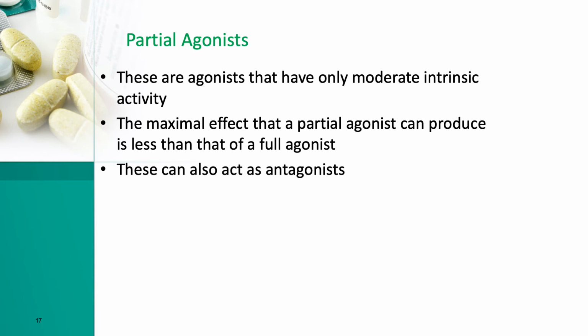Clinically used examples of partial agonists include aripiprazole, which is Abilify. It's a dopamine partial agonist used in the treatment of schizophrenia. Schizophrenia is a condition with both excess dopamine activity in one area of the brain, resulting in hallucinations and delusions, as well as a coexisting reduced dopamine activity in another area, causing cognitive impairment.